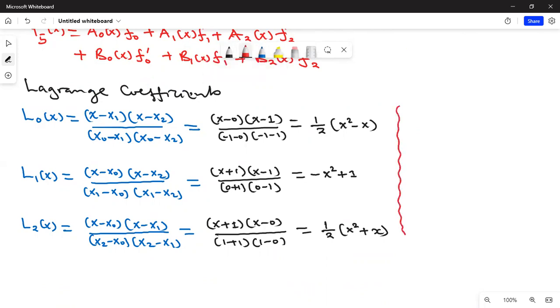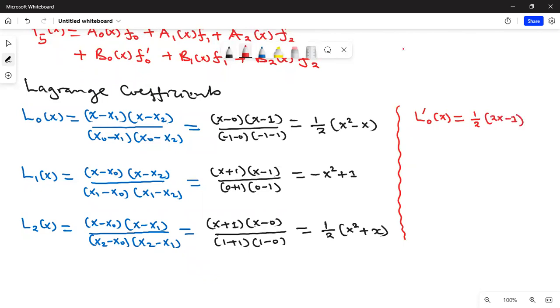L0 prime of x, when you differentiate, you're going to get 1 over 2 times (2x minus 1).